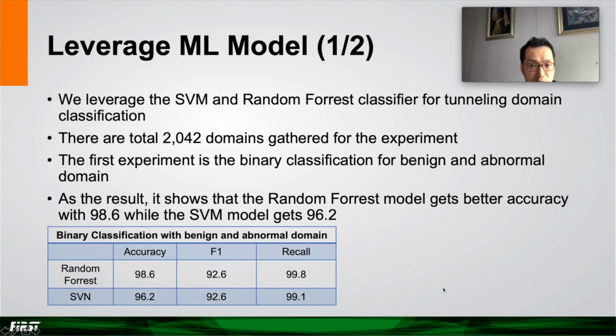The first experiment is the binary classification with the benign and the abnormal domain. As the table shows, the accuracy of the random forest classifier is 98.6%, and the SVM model is 96.2%. So it looks very good, right?